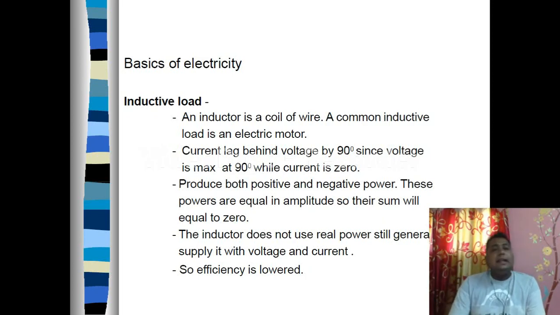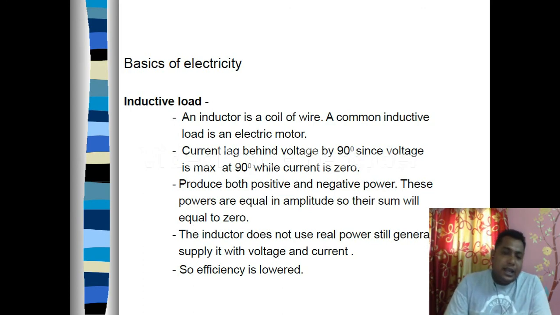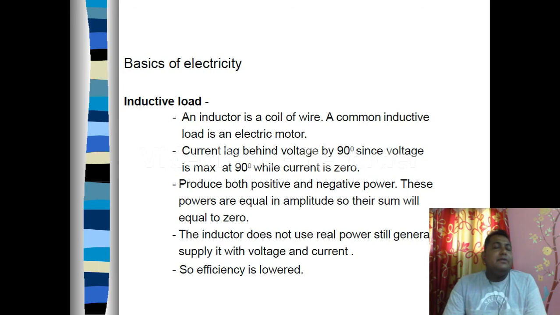Inductive load: an inductor is a coil of wire. A common inductive load is an electrical motor, because in a motor we have thousands of windings, and that acts as a huge inductor. Current lags behind voltage by 90 degrees. Yes, it is a lagging circuit.